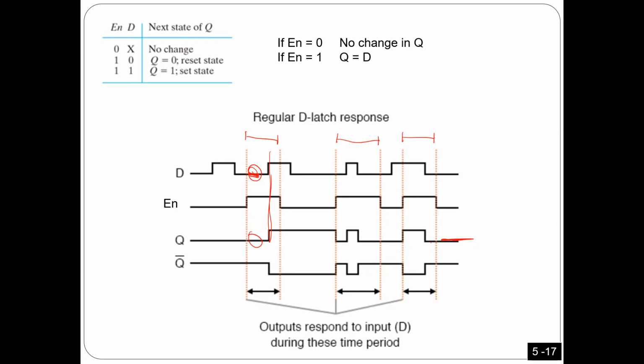I want it to work, and work means Q is equal to D, at specific times for synchronization. What does it mean? The main difference between flip-flop and latch is that in a latch, the output is going to change immediately after you change the input. But in a flip-flop, no. I want this to happen at specific times for synchronization.